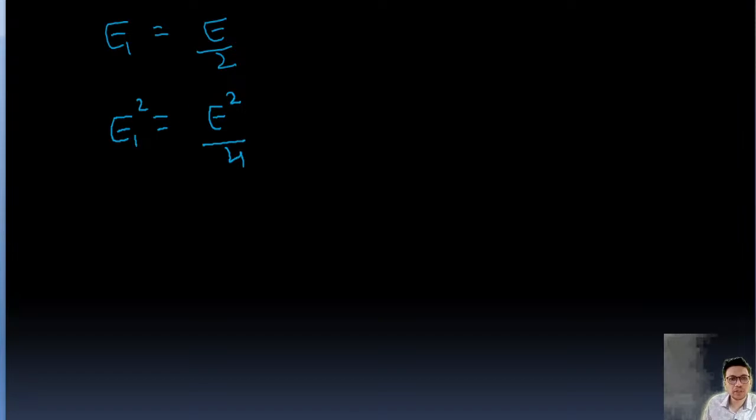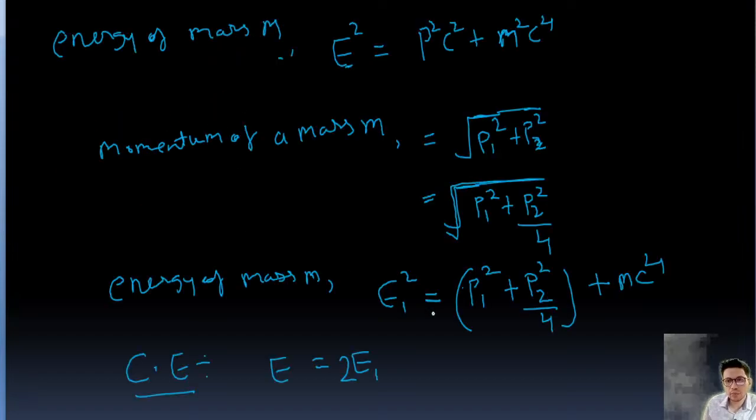So now we can put the value of E1 square and E square. E1 square value is this, E square value is this. This is equation 2 and this is equation 3.